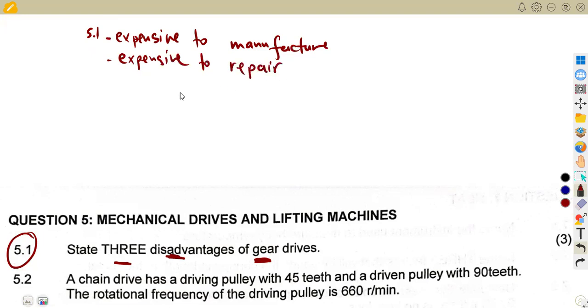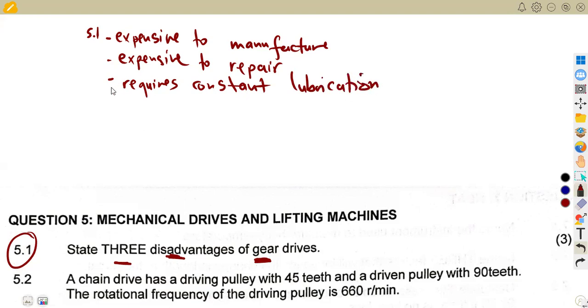That's another disadvantage. And when it comes to lubrication, remember it requires constant lubrication each and every time. So it's a disadvantage on its own.